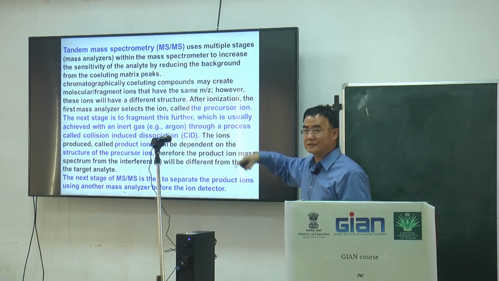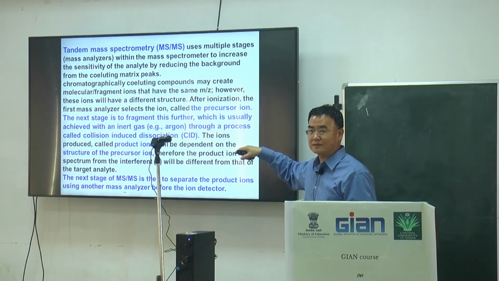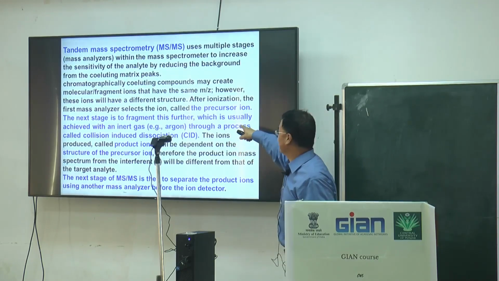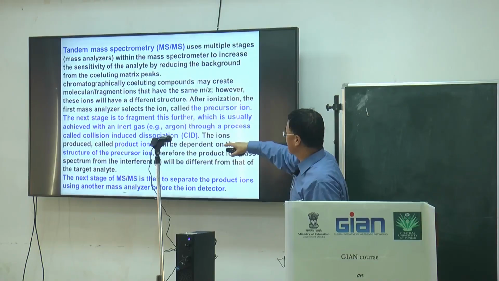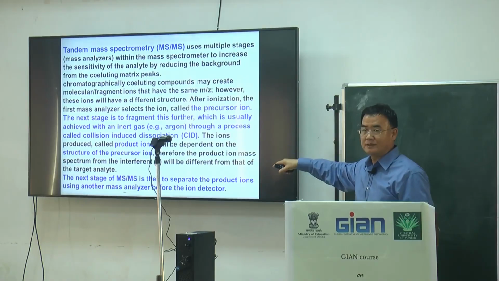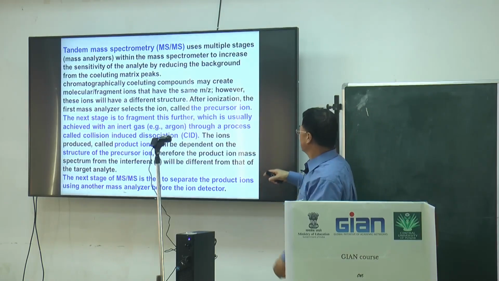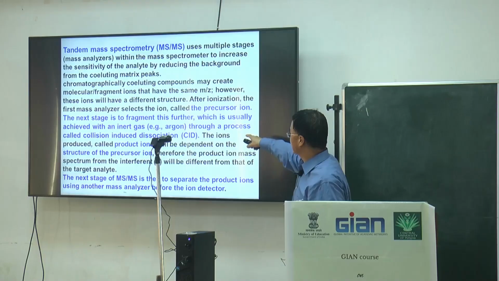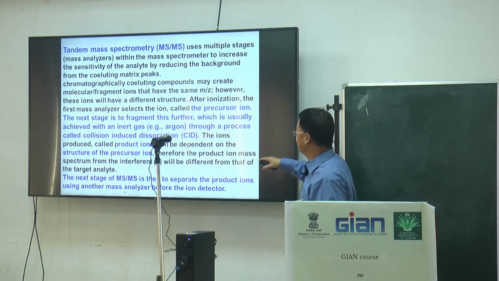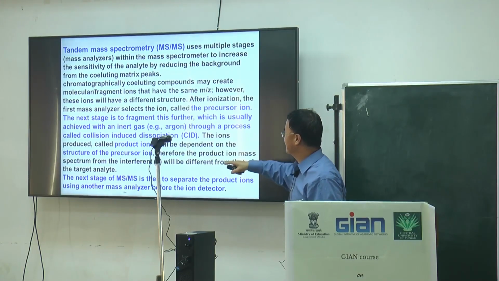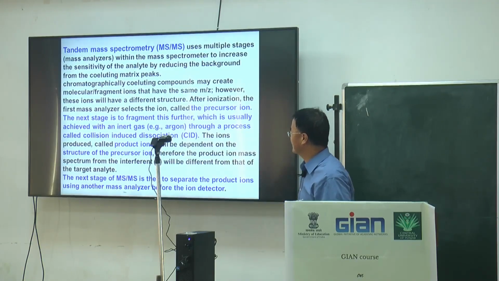The first, because it's a tandem mass, right? The first mass that passes through, we call it the precursor ion. The precursor ion will go further, usually through a collision cell with a slow inert gas, the argon. Through this process, collision-induced dissociation, CID, this is another concept, it is further broken down and produces the ions called product ions.